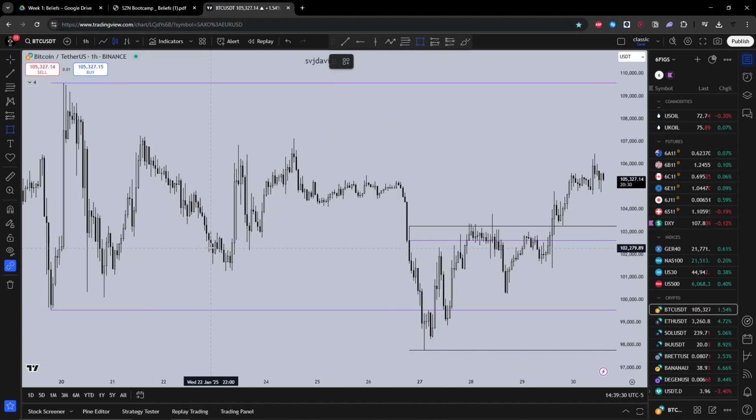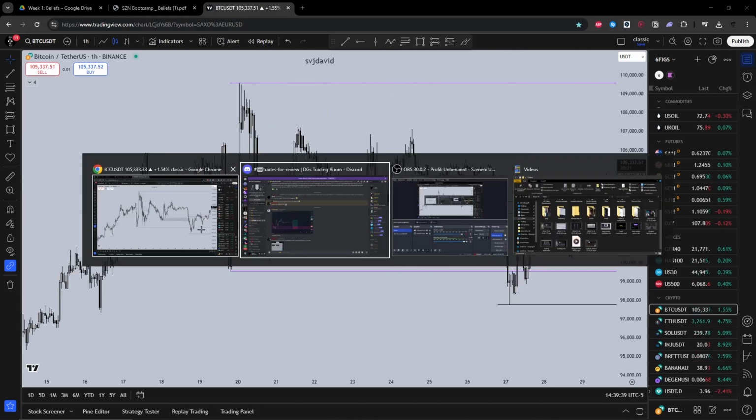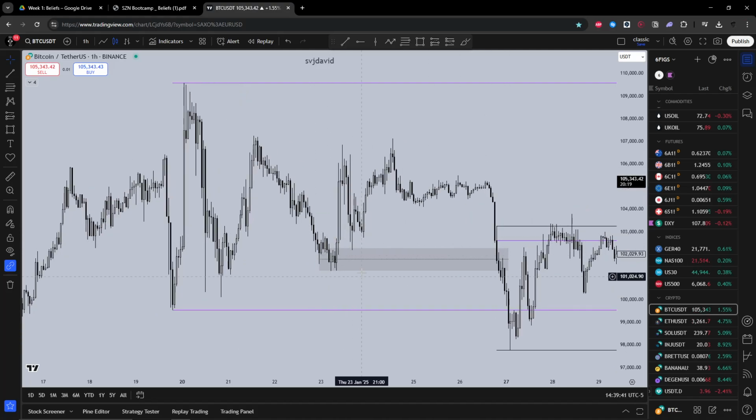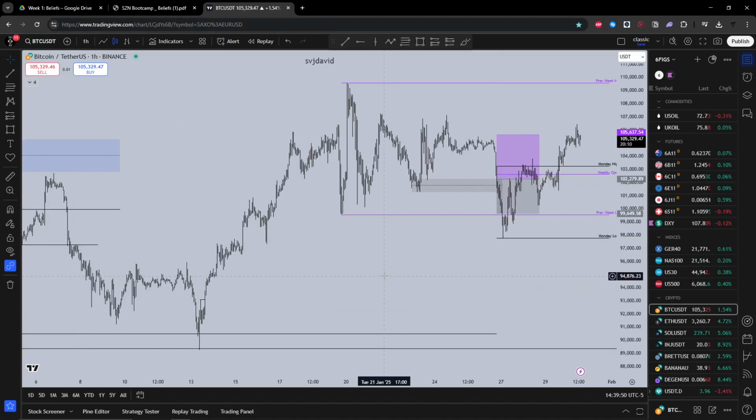So I think you marked out this one. I don't trade support and resistance, but something I can say is that this would not be a great area for entry, because the first problem is where to put your stop.